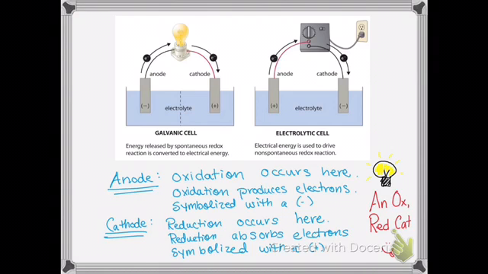So it's time to talk a little bit about some vocabulary. In both of these diagrams, you see the words anode and cathode, and then you see a negative and positive sign. So it's time for a little vocab check. The anode is where we always have oxidation occurring. Oxidation occurs when the electrons are being produced. In other words, the metal is producing those electrons.